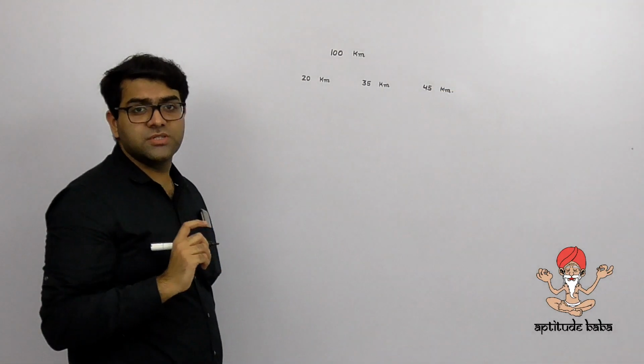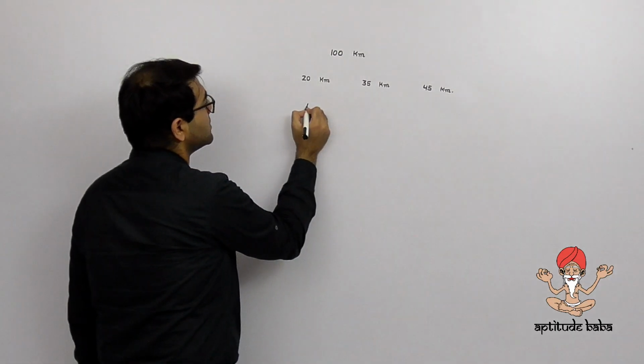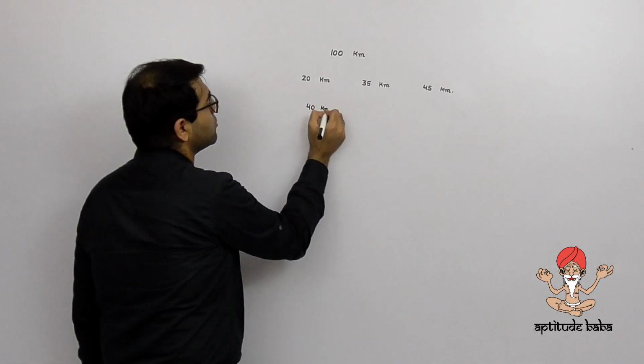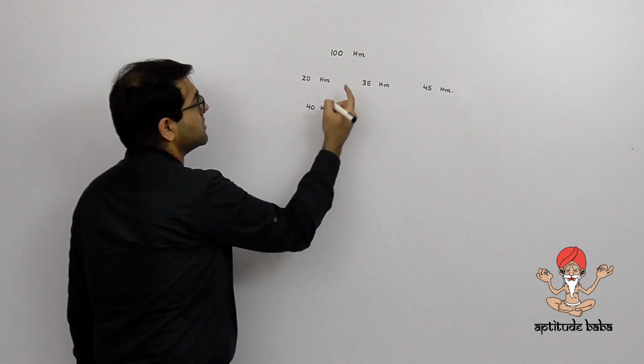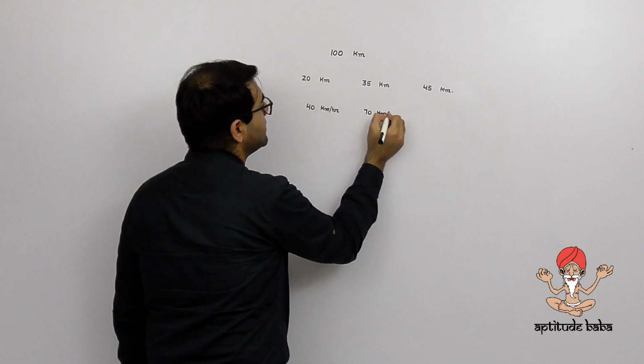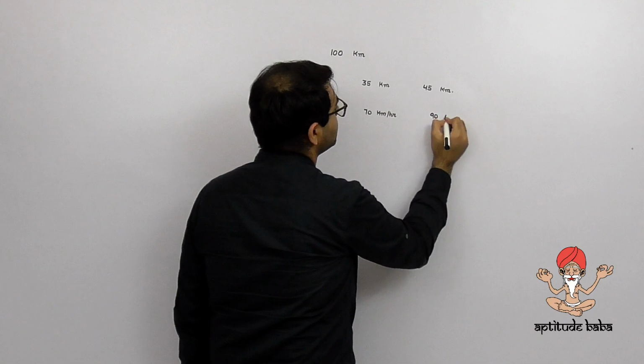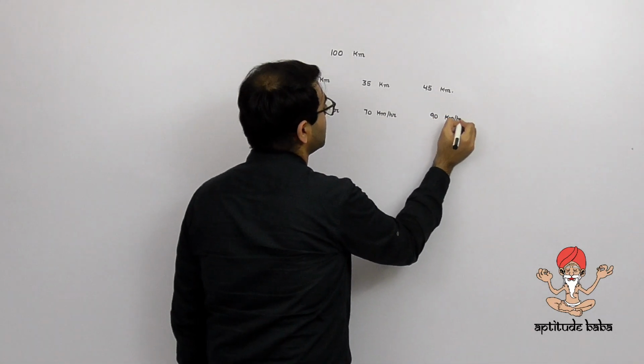Further, my question says that the car travels this 20 kilometers ka stretch at a speed of 40 kilometers per hour. 35% of the journey is traveled at a speed of 70 kilometers per hour and the remaining journey is traveled at a speed of 90 kilometers per hour.